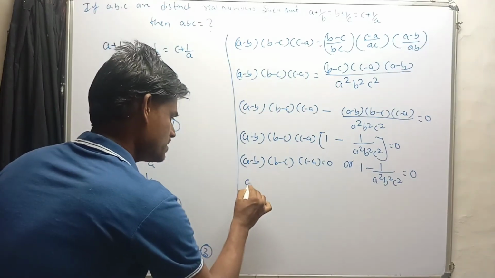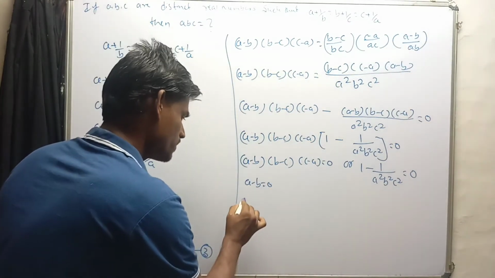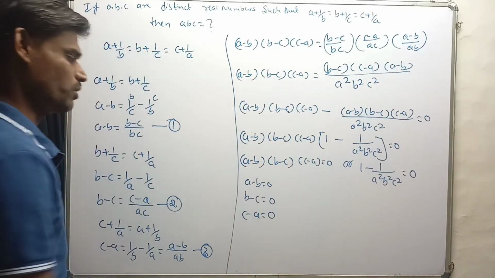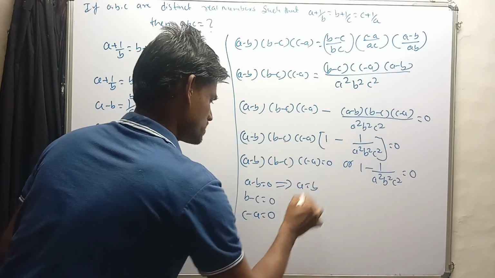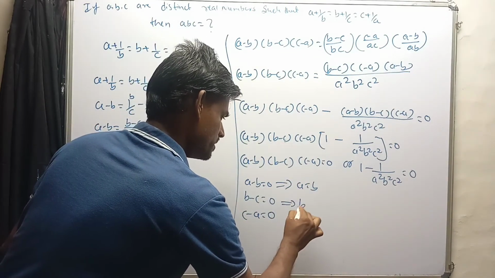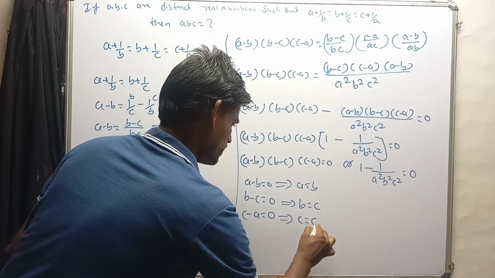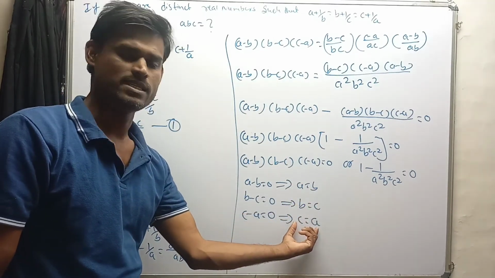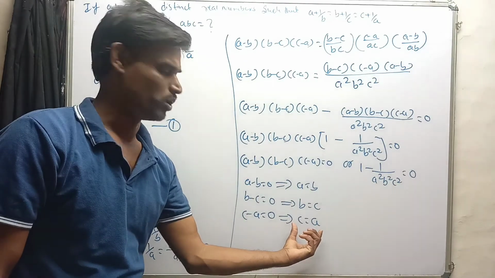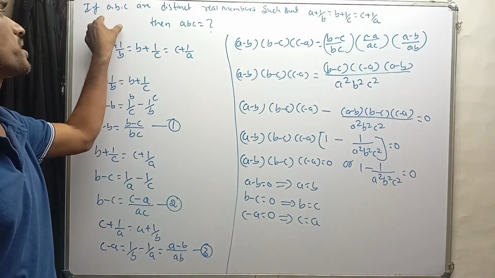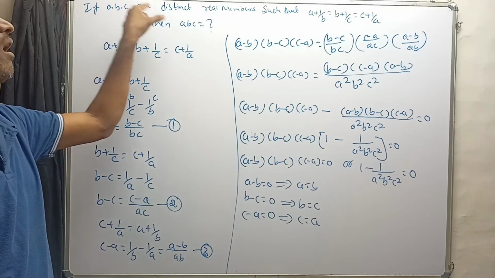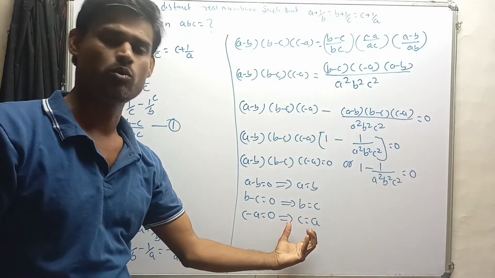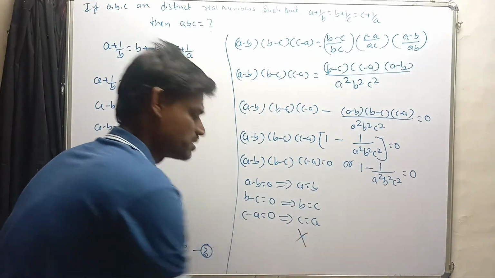Further, this can be rewritten as A minus B is equal to 0, B minus C is equal to 0, and also C minus A is equal to 0, which implies A is equal to B, B is equal to C, and C is equal to A, meaning A, B, C are equal to one another. But in the question it is given that A, B, C are distinct real numbers. So A, B, C can't be equal to one another. So this solution is wrong.